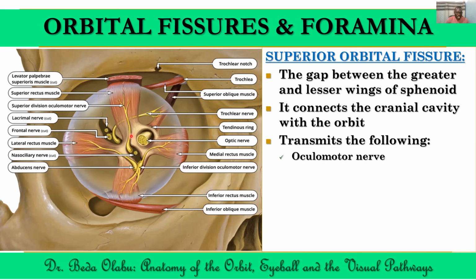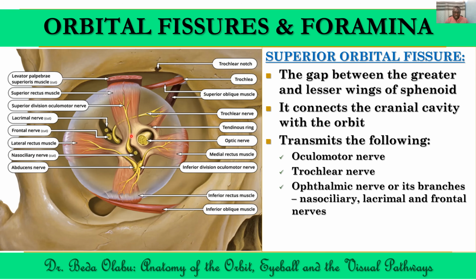We have the third cranial nerve, which we call the oculomotor nerve. It has two divisions. They both pass through there, superior and inferior division. We have the trochlear nerve, which is the fourth cranial nerve. It also passes through there. We have the ophthalmic nerve. In particular, they'll have already branched.